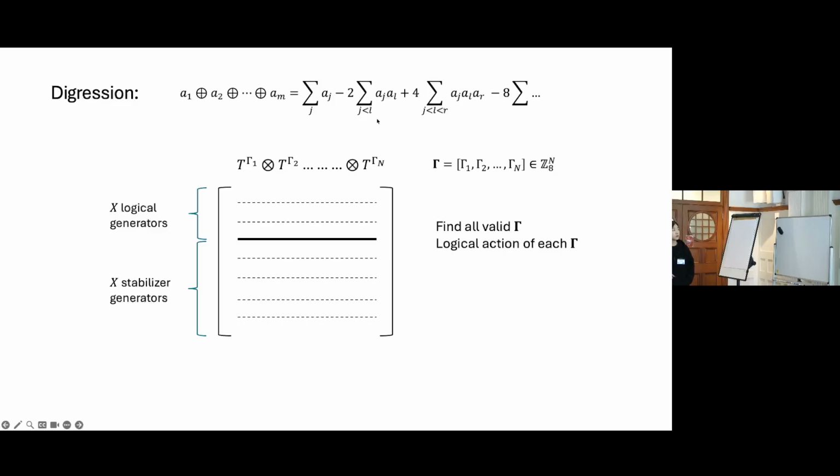This formula will allow you to find all the valid gamma, and for each valid gamma, it also allows you to derive the logical action of this T to the gamma gate. If you are interested in this question, you can see about 2 pages of our phantom code paper. I want to comment that this is actually not something new from the literature. There's this XP formalism paper that already did this. But here we repackage it into the phase polynomial language, so things become more concise.